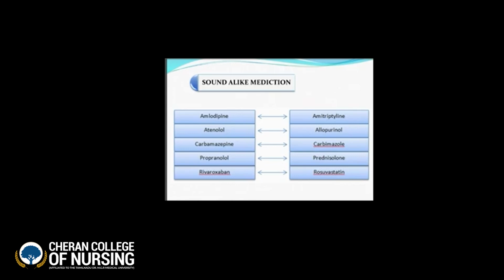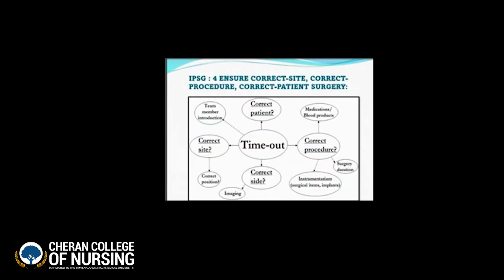These look-alike and sound-alike medications also should be stored in a separate cupboard with proper labels, to prevent misinterpretation and mistreatment. So the fourth international patient safety goal is to ensure correct site, correct procedure, correct patient surgery.